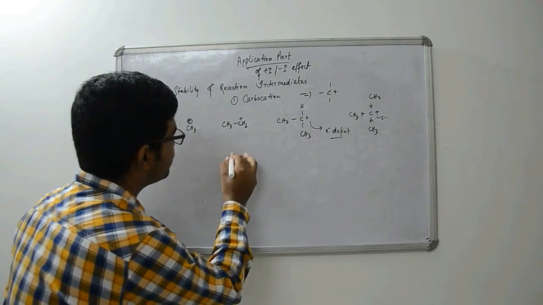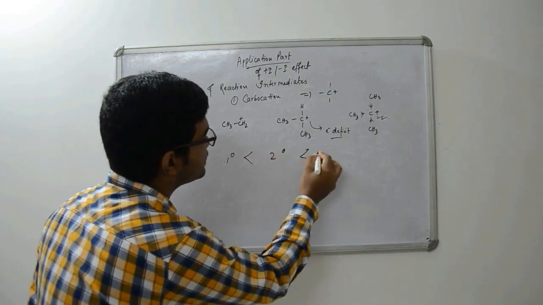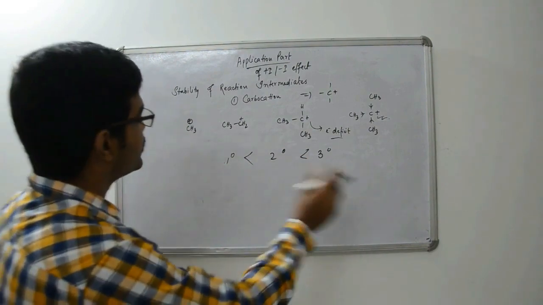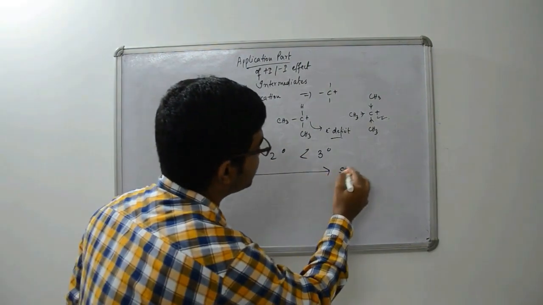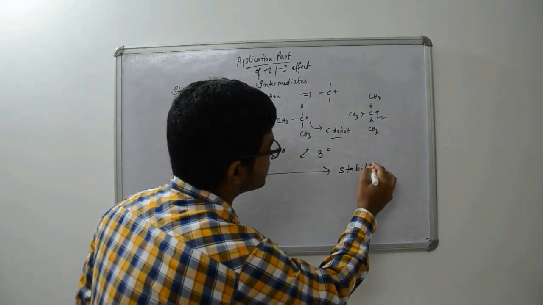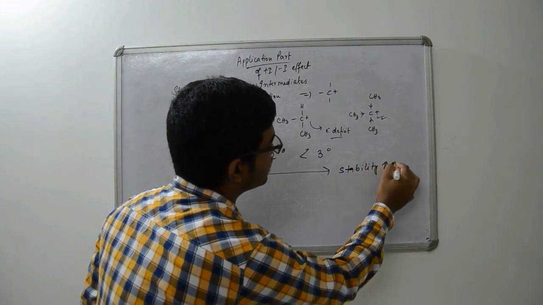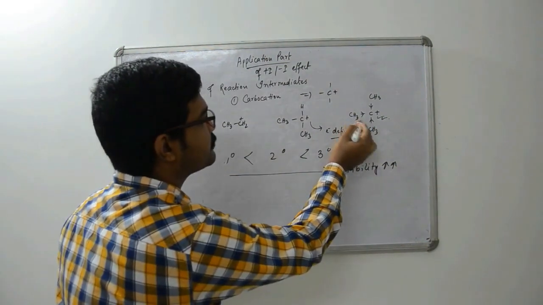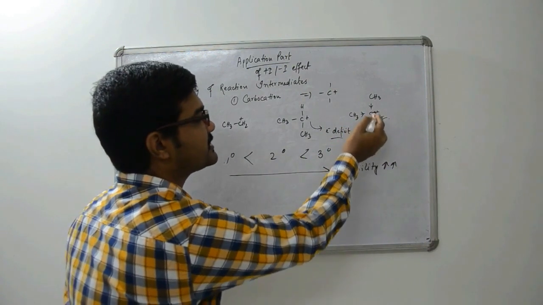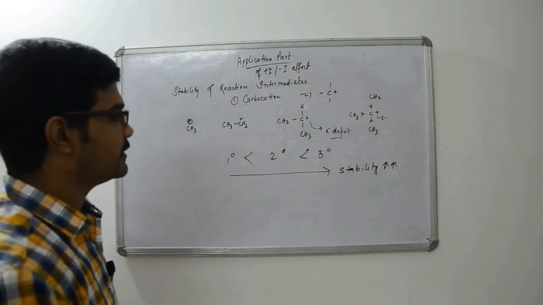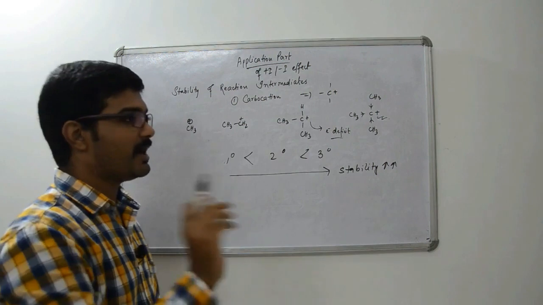Thus, as we move from 1 degree to 2 degree to 3 degree carbocations, the stability increases because the number of methyl groups is increasing, which is ultimately stabilizing the carbocation. Now let us see some other examples.